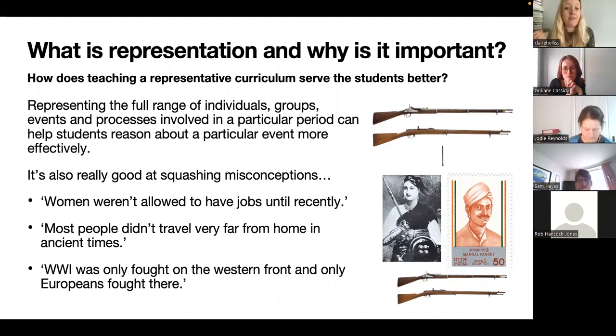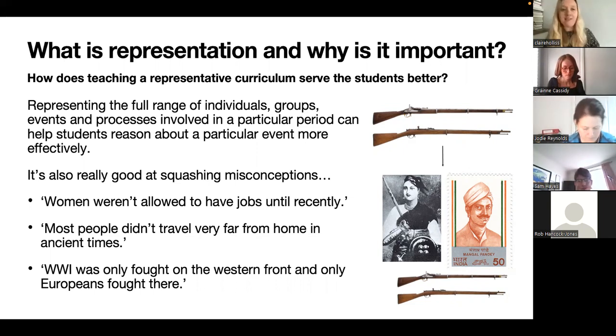But also, I think it's crucial for student thinking. It allows them to reason about a particular event more effectively. Adding in more detail about the Indian perspective on these events gave them more information and equipped them better to engage in discussions about causation and discussions about interpretation as well.